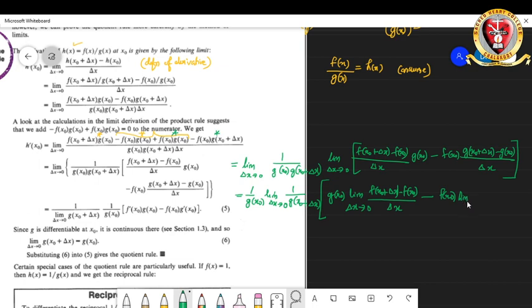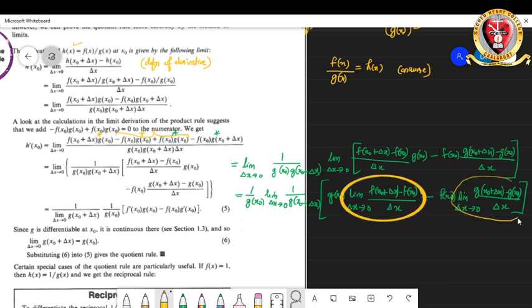So this is equal to limit delta x tends to 0, g of x naught plus delta x minus g of x naught, the whole divided by delta x. And you find that this is nothing but f dash of x naught, and this is nothing but g dash of x naught.